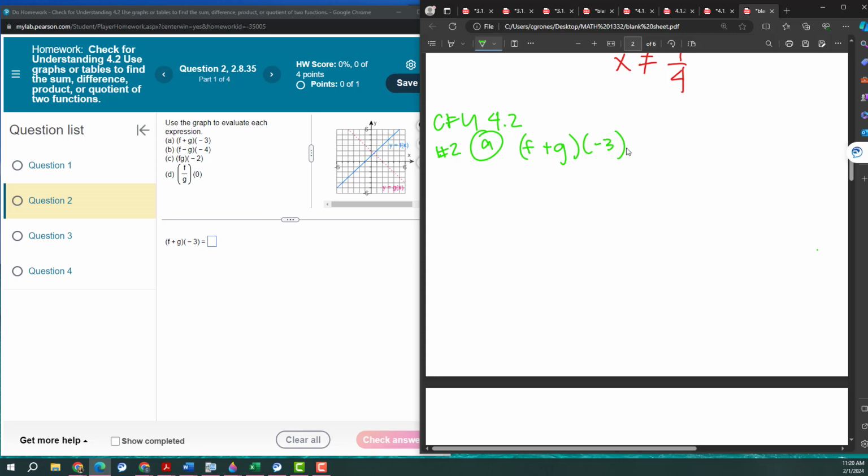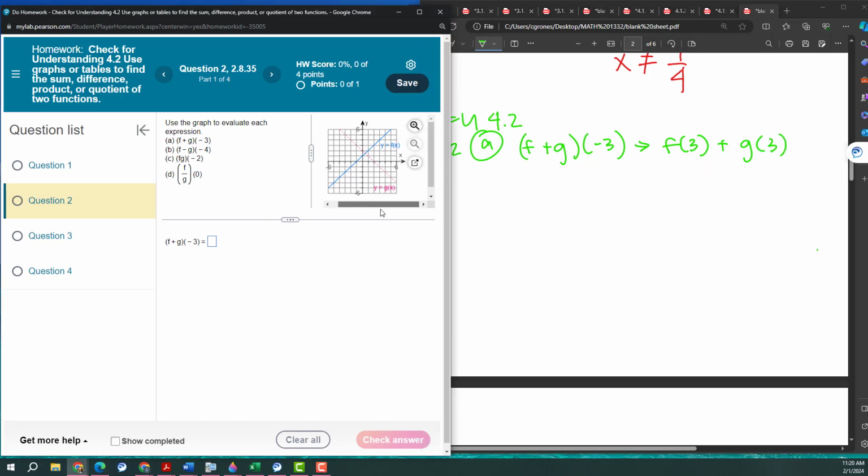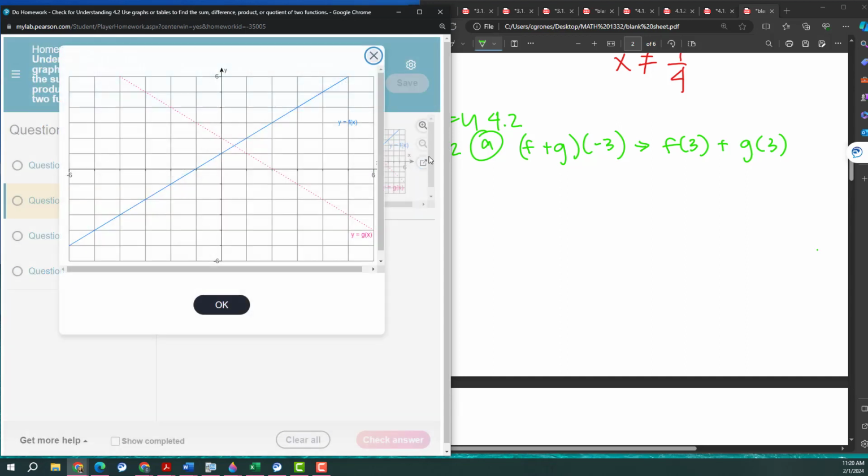So remember our rule, this would be f of 3 plus g of 3. So let's look at our graph. The blue equation is for f of x, and then the dotted pink one is g of x.